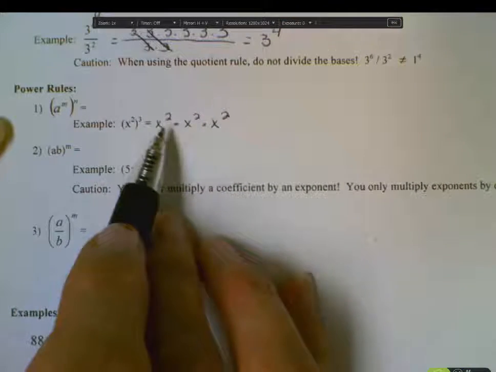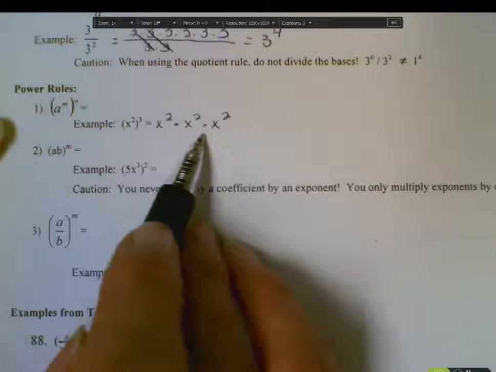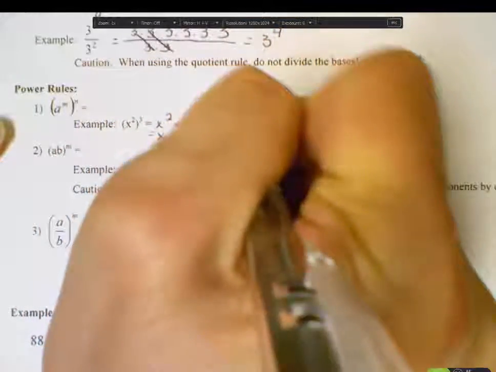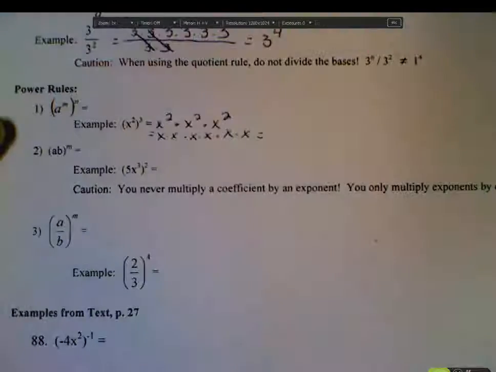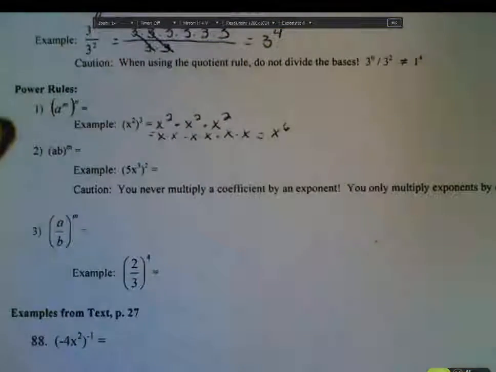Cubing something means multiplying it by itself three times. So x squared cubed means multiplying x squared times itself three times. And we could break that down farther if we wanted to. We could say that means x times x times x times x times x times x, and we can see that we have six x's that are multiplied together.